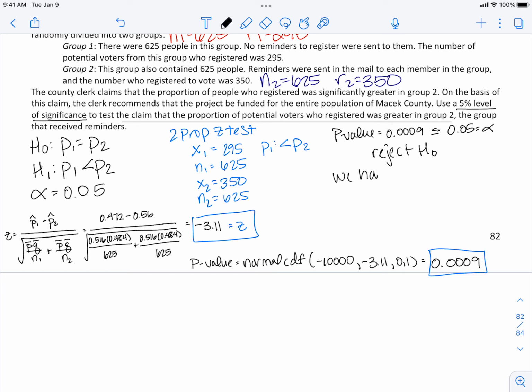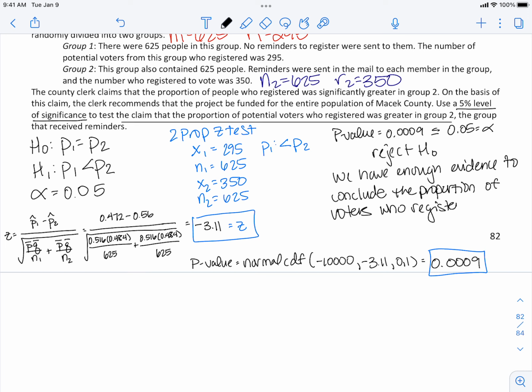So we have enough evidence to conclude the proportion of voters who registered was greater in group 2. And that's all I have for you.